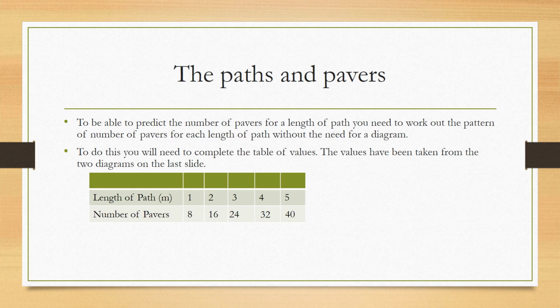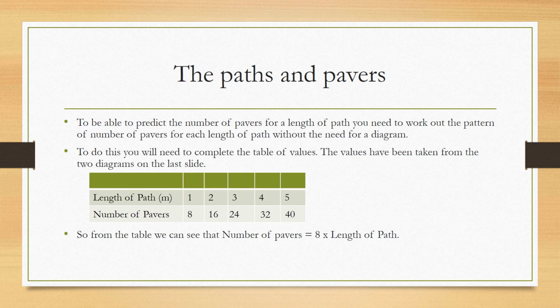So there's our relationship, or our pattern at least, in our table of values, and we need to work out then what is the relationship between the length of the path and the number of pavers. Well, if we look at that, we can see that the number of pavers is 8 times the length of the path, and that is the relationship that we have.